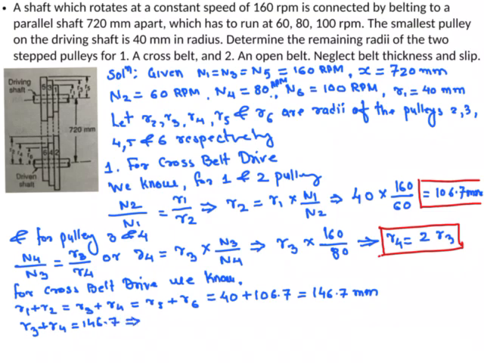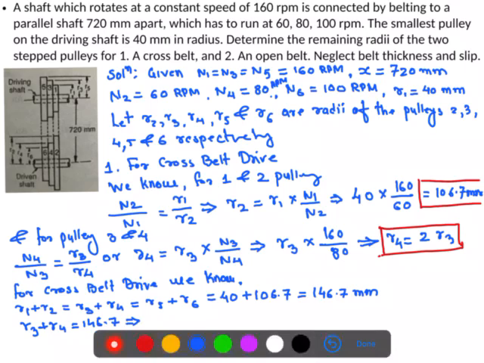What is R4 now? R4 we have found out is equal to twice R3. So writing in this term, R3 plus twice R3 is equal to 146.7.